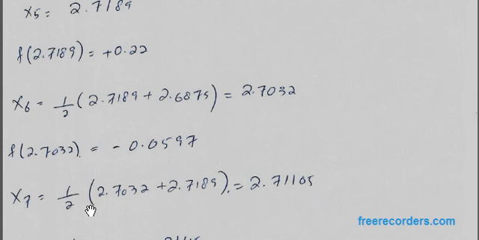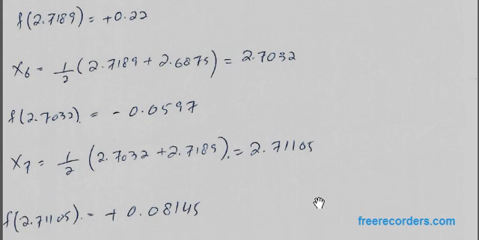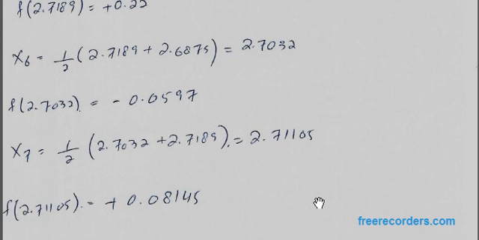So x7 will be equal to half times 2.7032 plus 2.7189, which equals 2.71105. We have to check what sign the function has at this value. Again the function gave a positive sign, but it is closer to our goal.